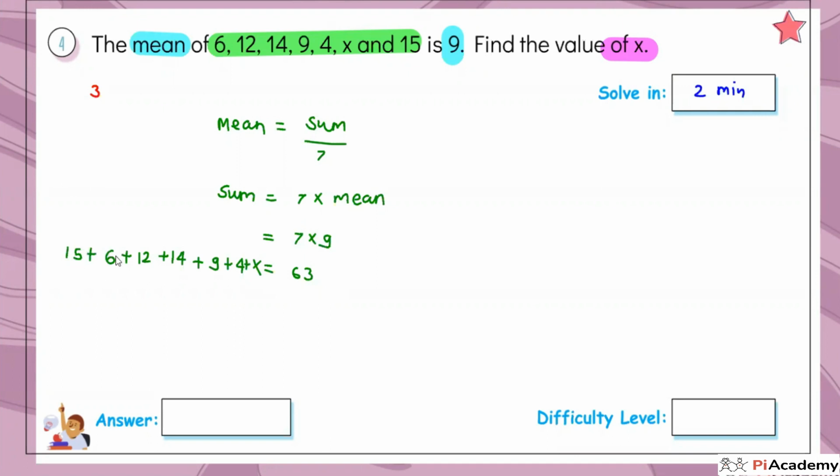Now it's time to add them. 15 plus 6 is 21. 21 plus 12 is 33. 33 plus 14 is 47. 47 plus 9 is 56. 56 plus 4 is 60. So 60 plus x equals 63, right? If you want to figure out x, then x must be 63 minus 60, and that is 3 only.